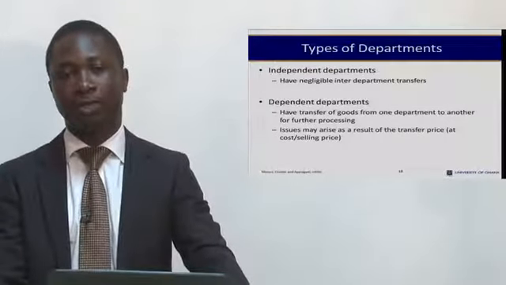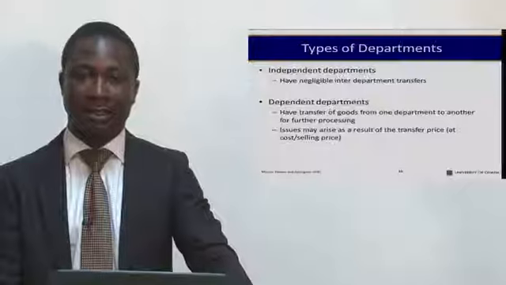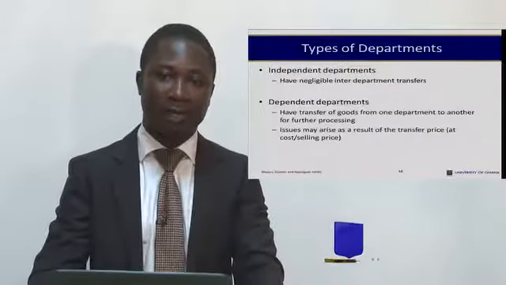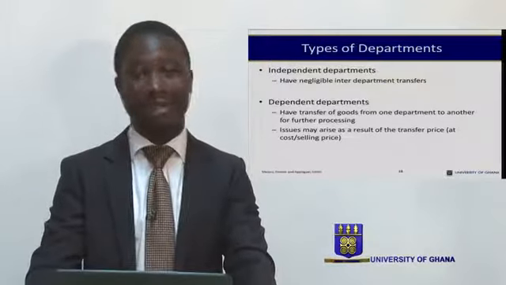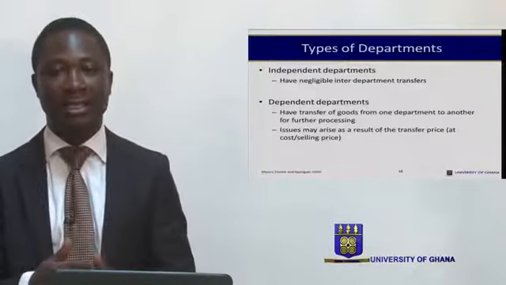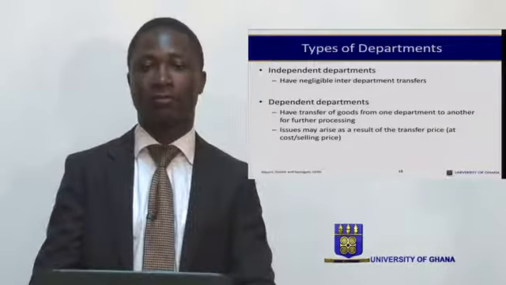For example, if you take an organization that has a sewing department and a textile department, it is possible that some of the raw material for sewing could come from the textile department. For that matter, you would usually see transfer of inventory from one department to the other.